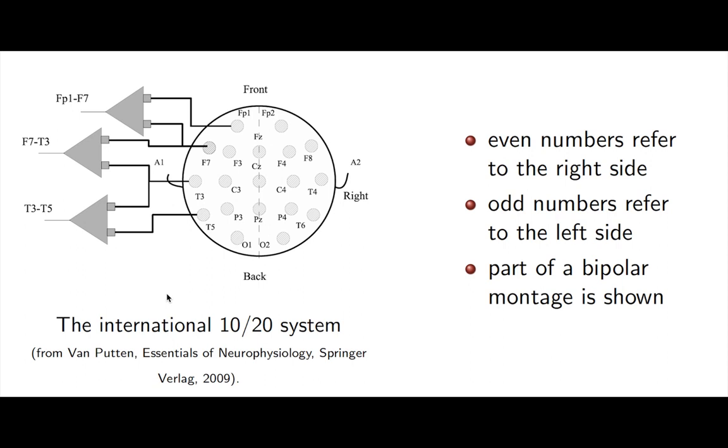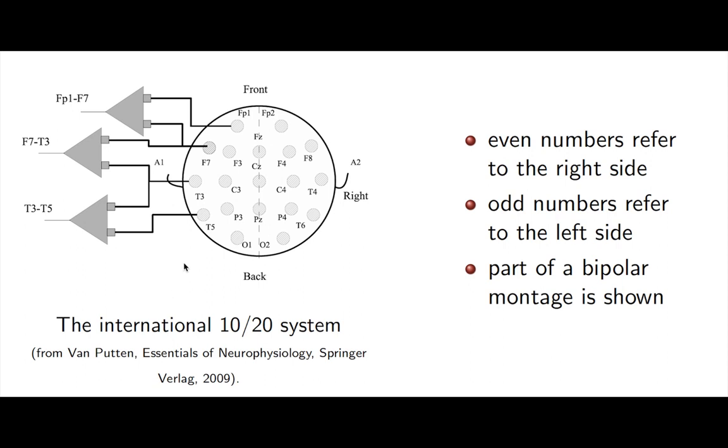Another thing to note is that we use a combination of letters and numbers, and odd numbers relate to the left side of the brain and even numbers relate to the right side of the brain.